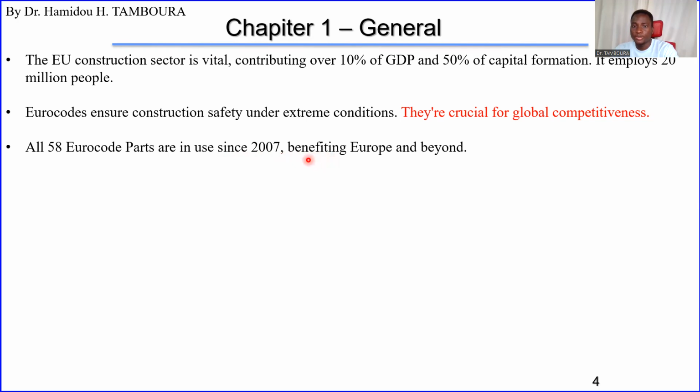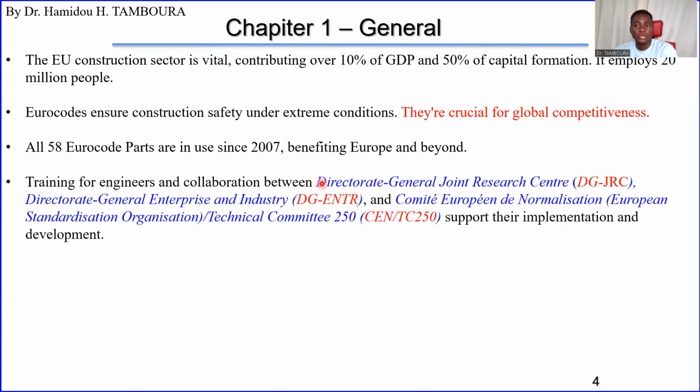and they are benefiting in Europe and also beyond some country beyond the European Union. Let's say just beyond Europe.